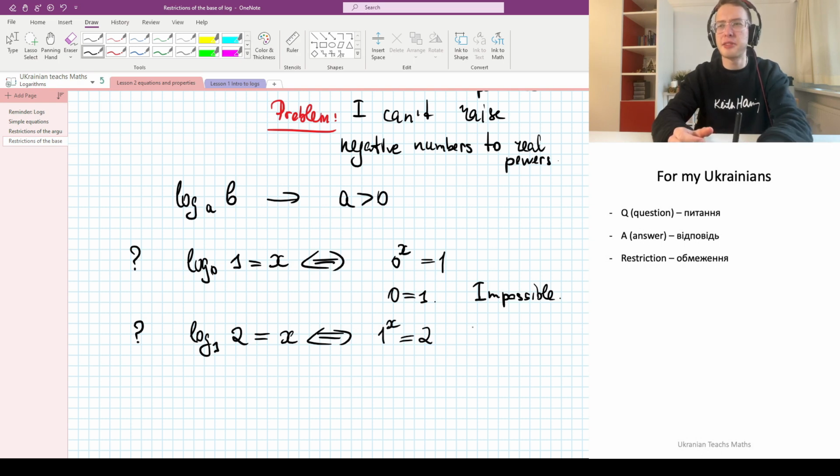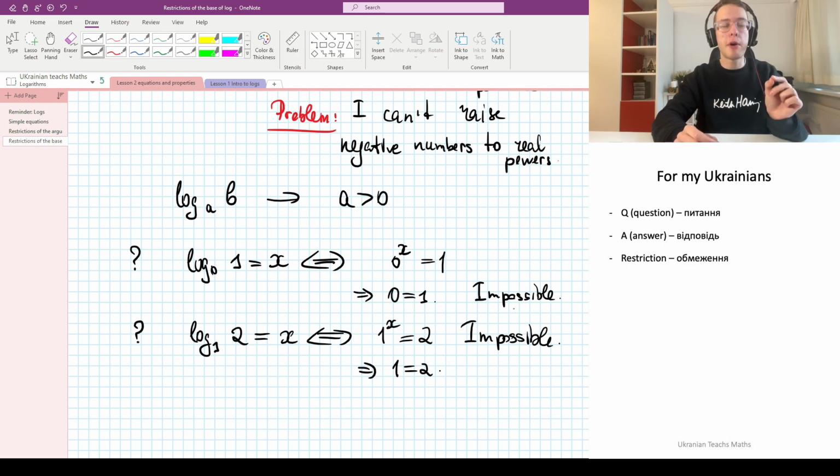And again, this is impossible, because this would imply, just as above, that 1 is equal to 2, which is again incorrect. So for the base number, I actually have two restrictions. I have that a base is greater than 0, is a positive number, and a is not equal to 1.